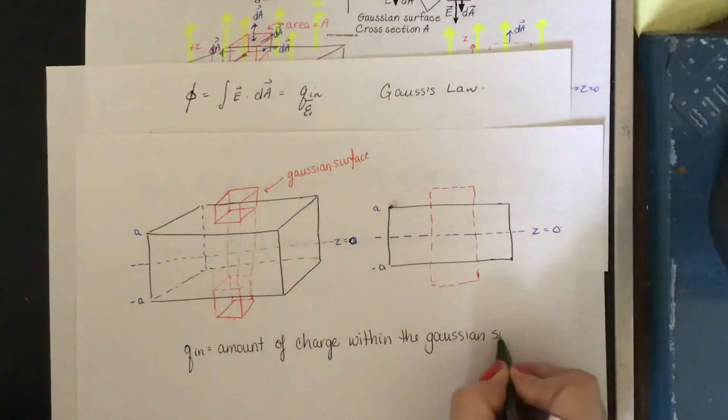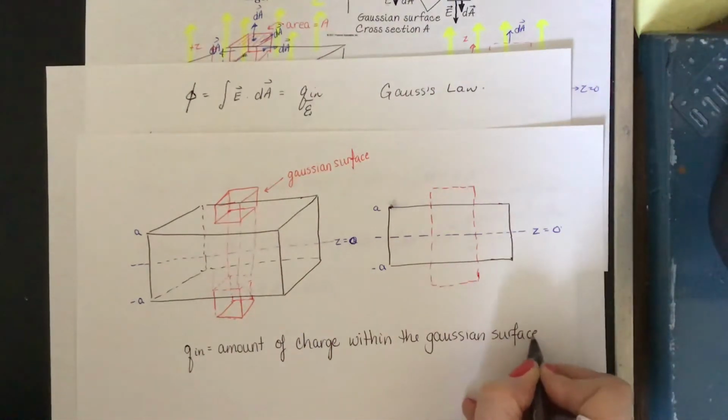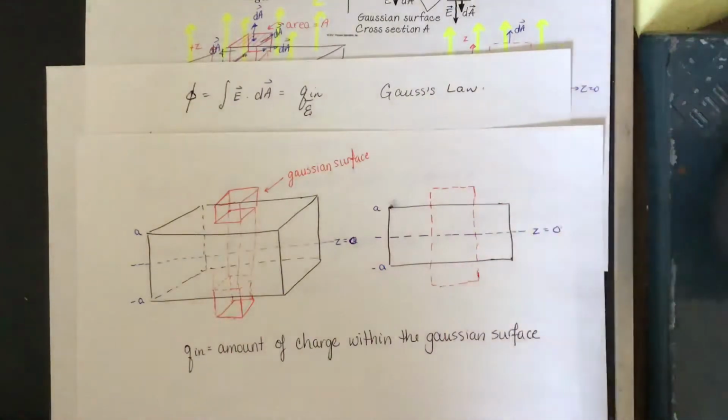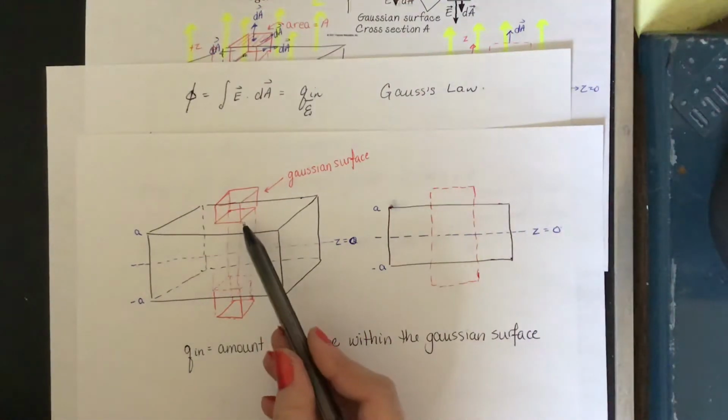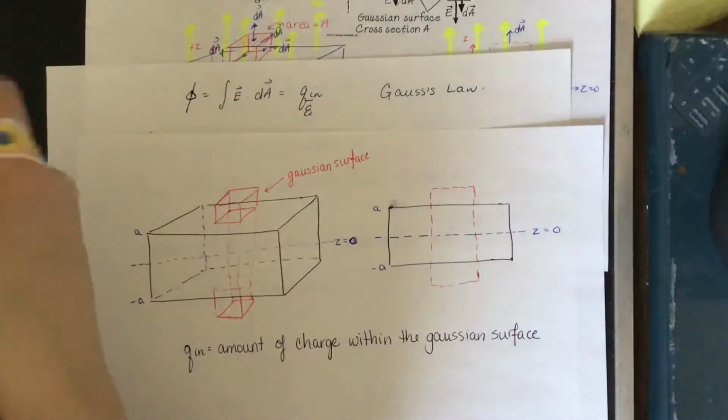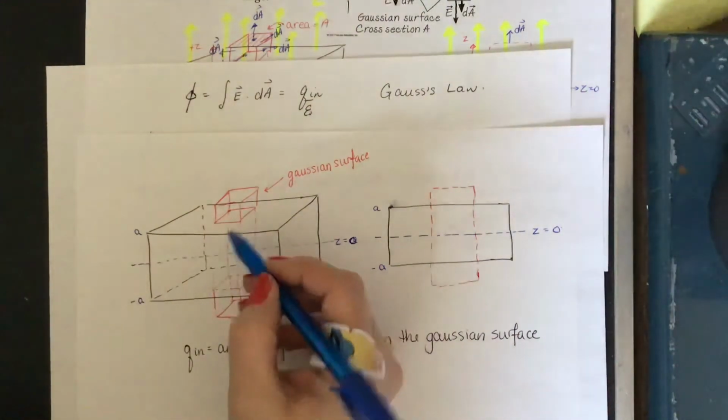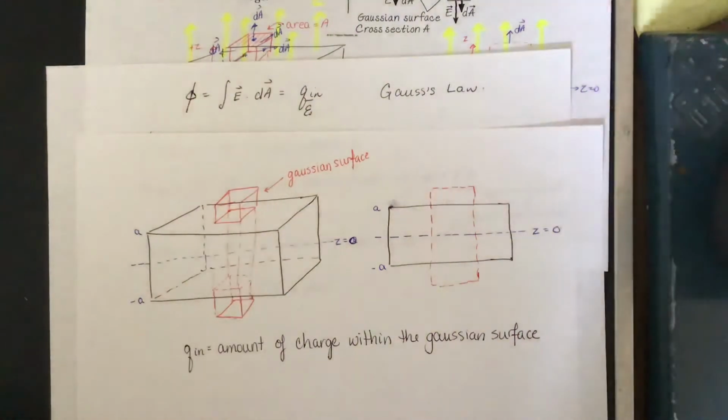So the only thing we have inside our Gaussian surface that has a charge is a portion of this slab. So if we want to find the net amount of charge inside the Gaussian surface, we have to find the net amount of charge on this Gaussian surface that's inside the slab. So why don't we try and shade that in a little bit.